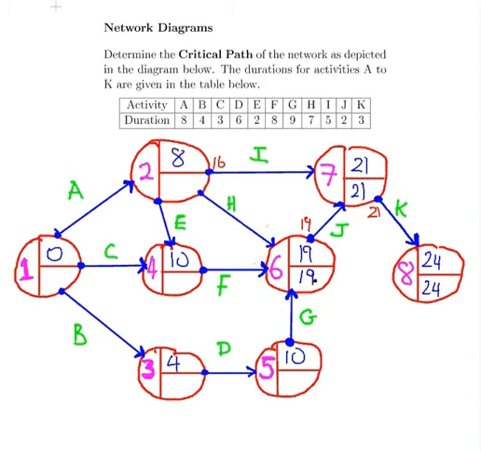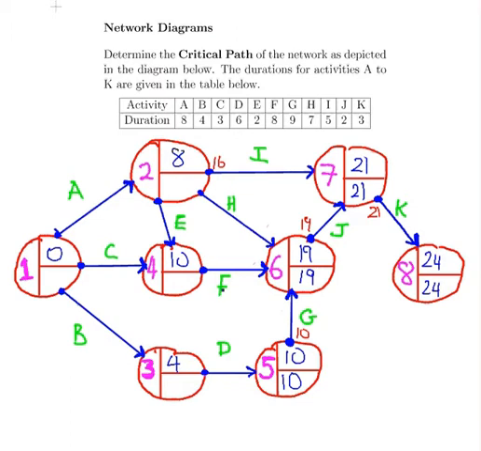Okay. We don't have everything finished for node 2 yet, so I'm not going to worry about that for a while. Now, let's look at node 5 here for a second. G takes 9 time units, so the latest finish we can have there is 10, and again that's the only one we have to consider, so that's 10 there.